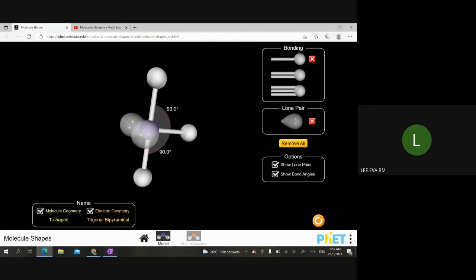So 2 lone pair madam letak dekat sebelah sana. So baru awak akan nampak T shape. So, awak kena ingat 3 bonding pair, 2 lone pair, dia akan memberikan shape, T shape. So you remember that way. Now 5 electron group, 3 bonding pair, 2 lone pair, give you T shape.